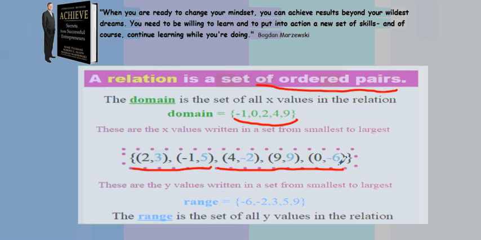This is not a major problem, but usually you want to list -1 as the first element, 0 would be the second ordered pair, and the next one is 2, then 4, and the last one is this. That would be a much better way of defining a relation when you use ordered pairs. So just make sure that you follow that pattern.